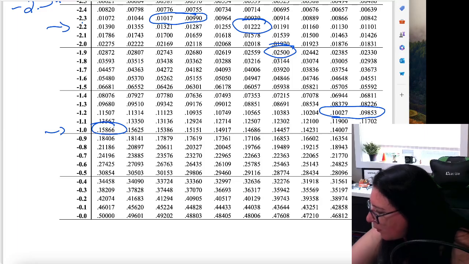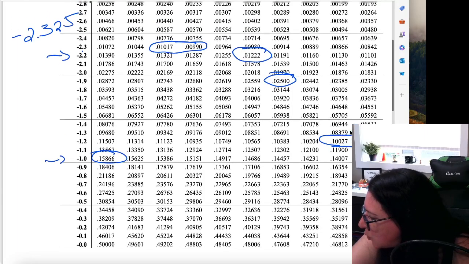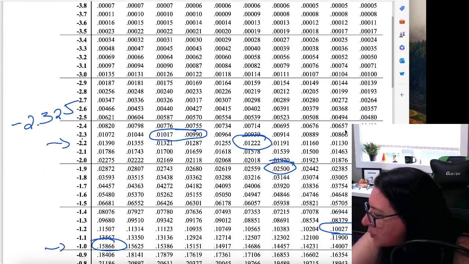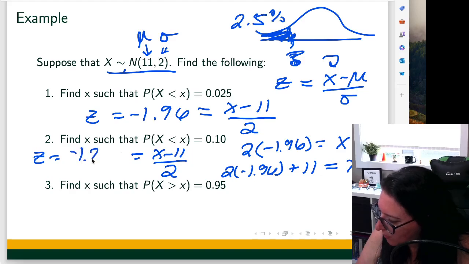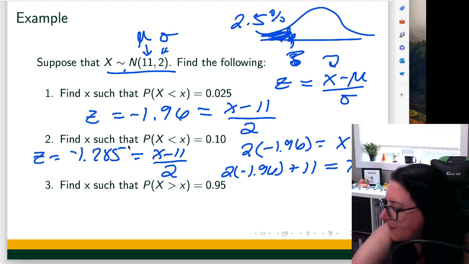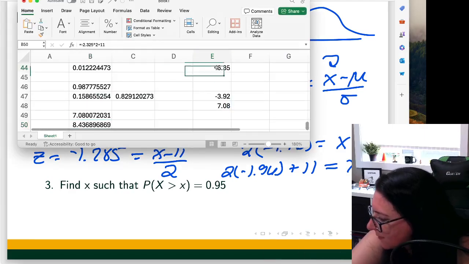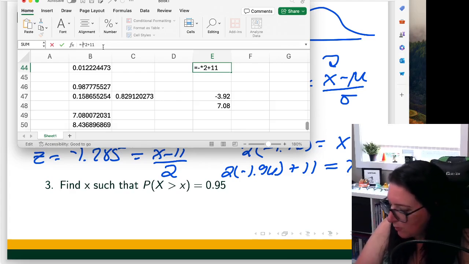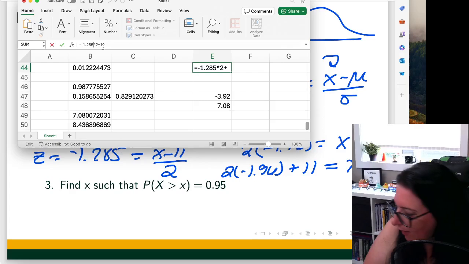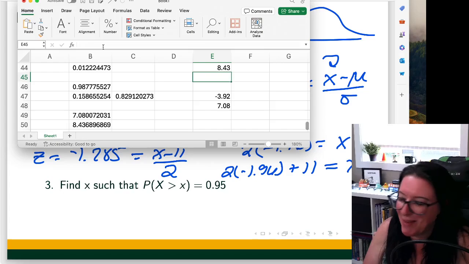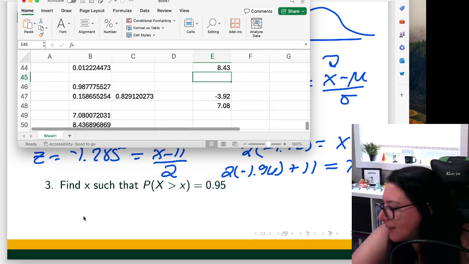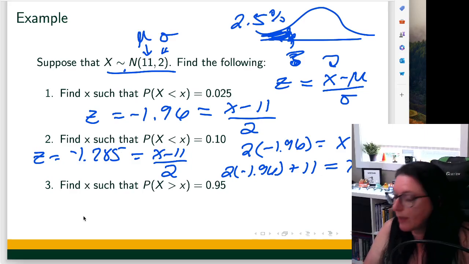So negative 1.2, let's try this again. Negative 1.285. So if I do that, let's go back, negative 1.285. There we go. That's why. Same number. Ugh. All right. Decimal points. They're killing you. They're killing me. All right.